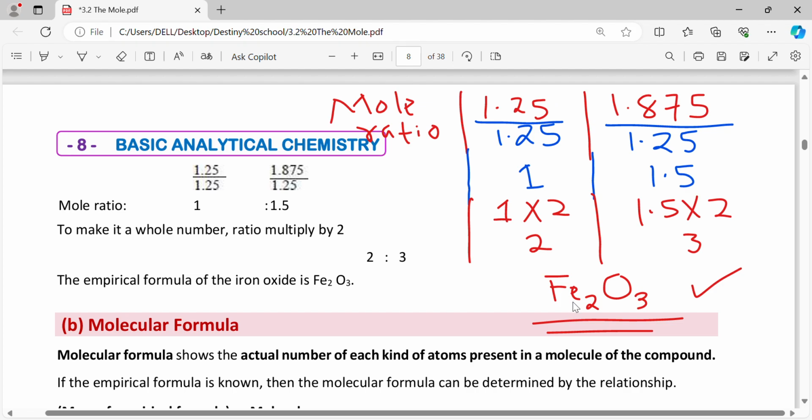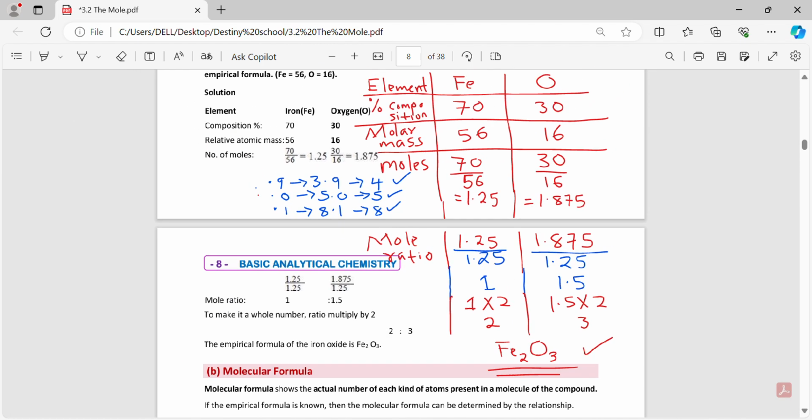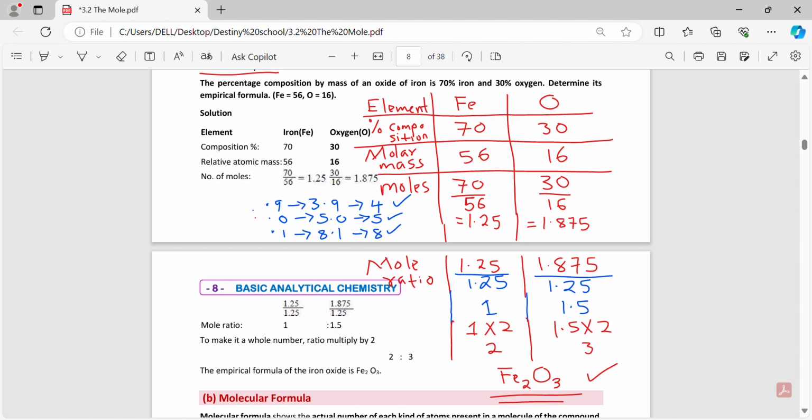You don't swap them like in the case of the chemical formula when you're using valencies. In empirical formula, the answers already match each other. They are in their final state, so you don't swap them. We just pick what is here and place it where it's supposed to be, for the iron. You also pick the one for oxygen and do the same. So that will be the empirical formula.